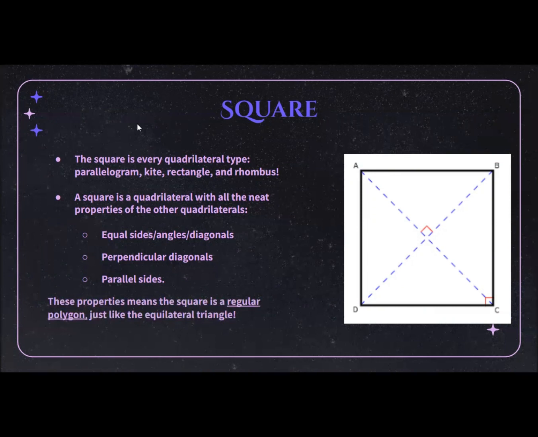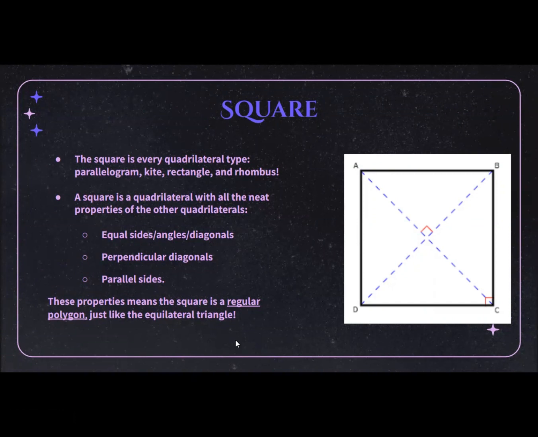Last time we learned about the equilateral triangle, and with that we learned it's a regular polygon. Since a square has equal sides and equal angles, a square is also a regular polygon, just like the equilateral triangle. Technically, we can call a square the equilateral equiangular quadrilateral.